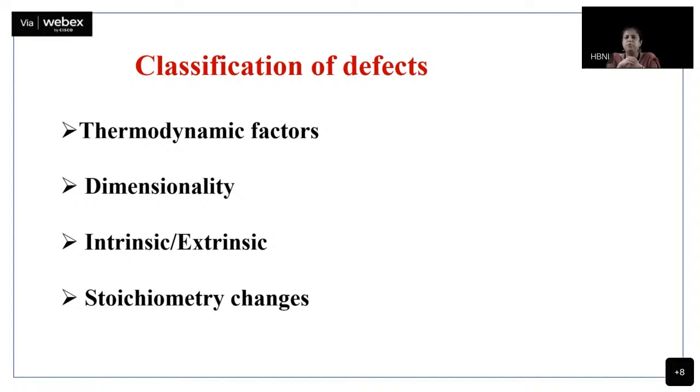So stoichiometry changes can lead to defect, and that is majorly done by formation of solid solution. And we'll have an entire some 20 minutes lecture on what solid solutions are. And intrinsic and extrinsic. Again, intrinsic means the factors that you cannot control, the defect would happen, and defects due to thermodynamic factors lie in the intrinsic. Or extrinsic, that is, deliberately you have done something to introduce a particular defect.